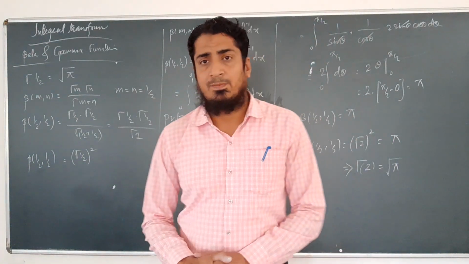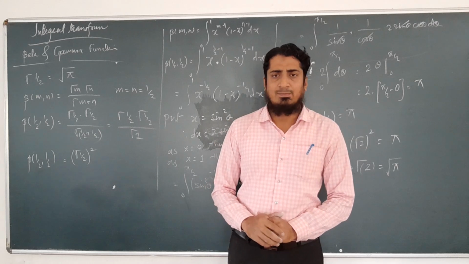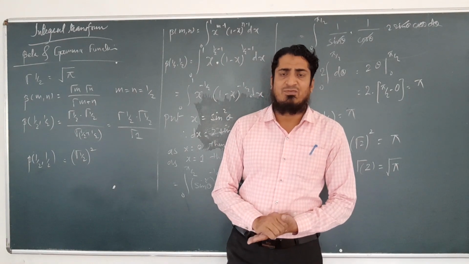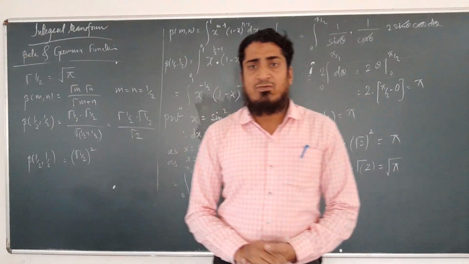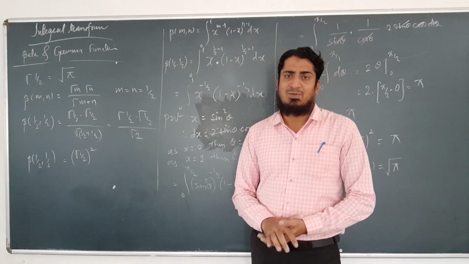In next lecture, now we have completed our theory part of beta and gamma function. We have completed all properties and theorems of beta and gamma function, all the forms and different phases of beta and gamma function in previous lectures.